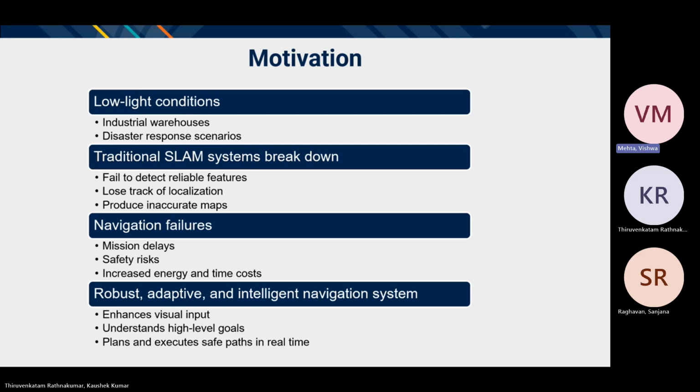Mission delays, safety risks, and the time and energy costs involved necessitate a robust, adaptive, and intelligent navigation system that can enhance the visual output, understand high-level goals, and plan and execute safe paths in real time.